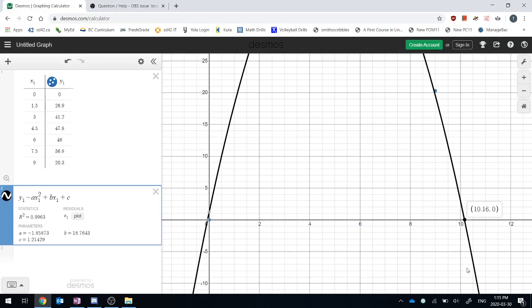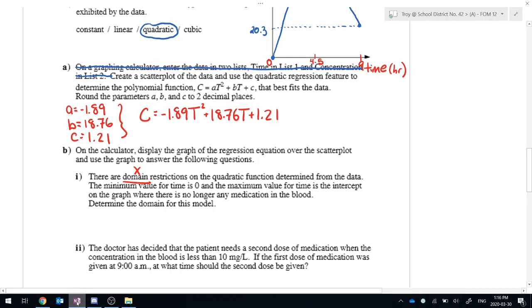So that's what this question is asking us to do. It's saying you cannot have a negative amount. So what is the value for x, for time, when we have 0 concentration in the blood? In this case, it is after 10.16 hours. Okay, so we'll go back.